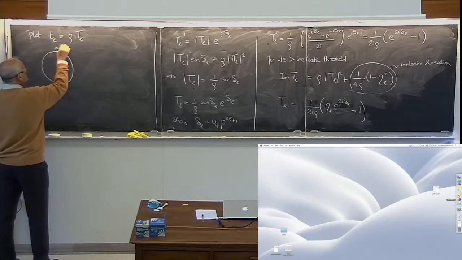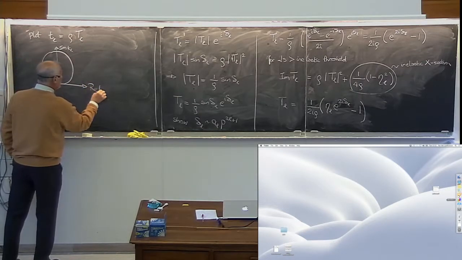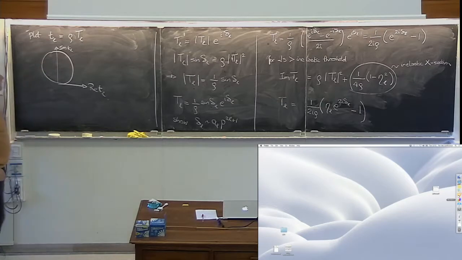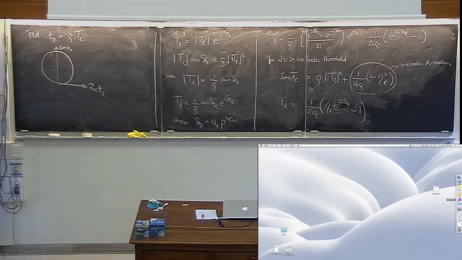And this is the axis of imaginary T_L, and this is the axis of real T_L. And this is a unit circle, so this height is a half, that points i over 2.